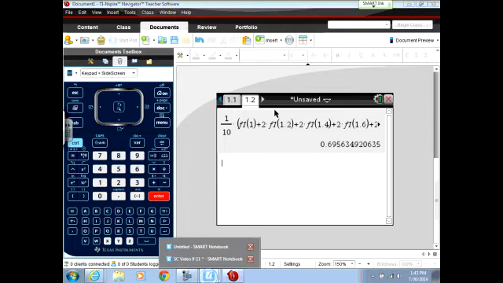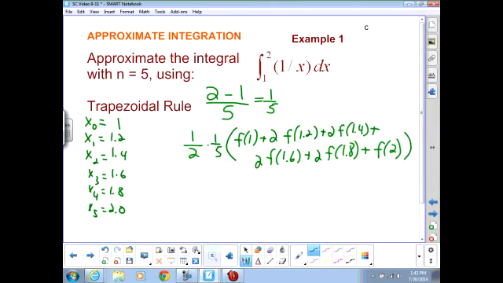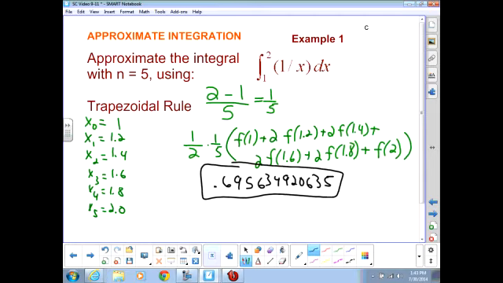So if we go back to this page, this just ended up equaling 0.6956349206335. And it didn't tell us to round or anything, and it's just an approximation, so we'll keep that.